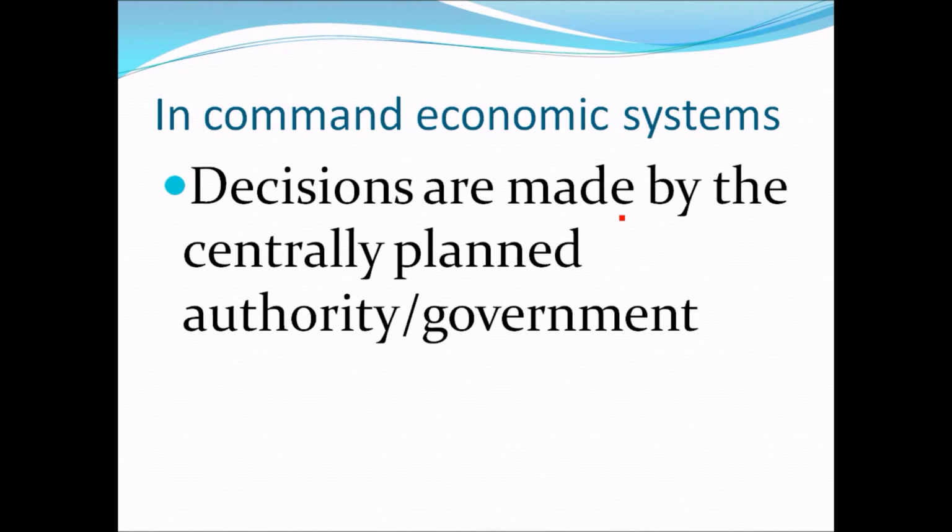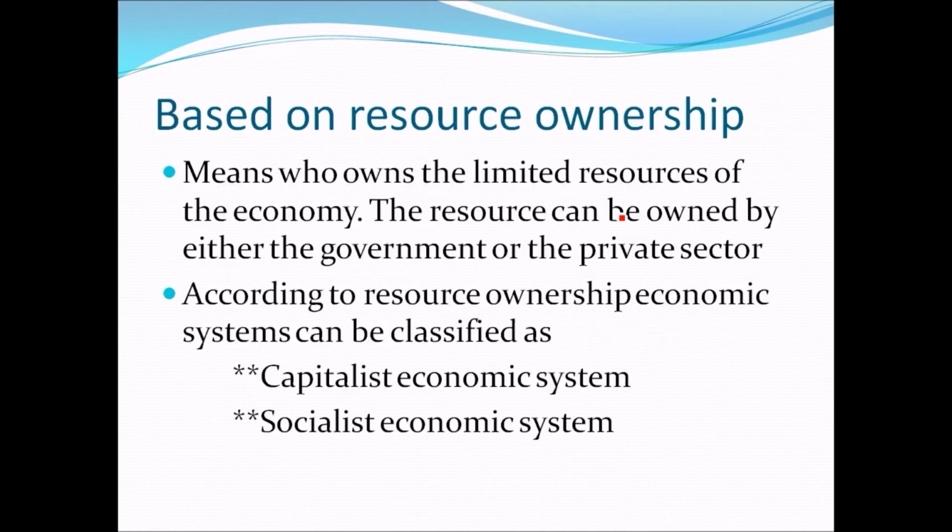In a command economic system, decisions are made by the centrally planned authority. These days we can call it the government. Earlier in command economies, in the early times of the beginning of economic systems, in some countries they had a planned authority appointed to make the economic decisions, but now it is identified as the government in most of the countries.